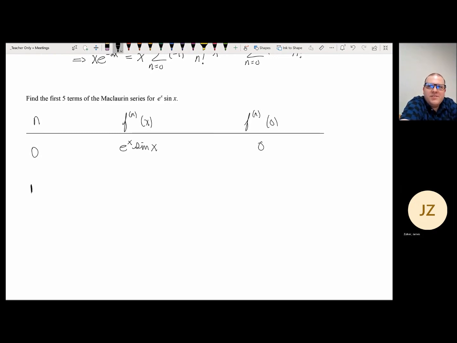First derivative: e to the x sine x plus e to the x cosine x, right?